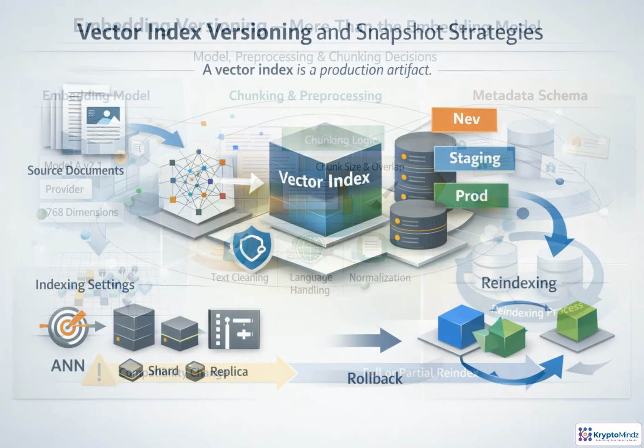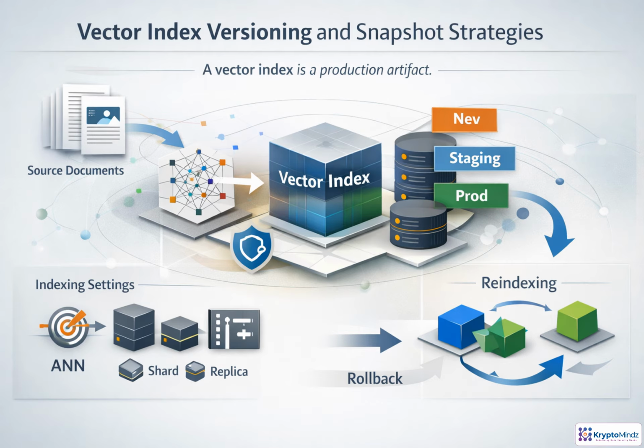Your vector index should be treated like a deployable artifact, not a temporary cache. Before major changes, snapshot production so you can roll back and investigate differences later. A useful version record captures source documents, embedding model, metadata schema, distance metric, ANN algorithm, shards, replicas, namespaces, and filters.